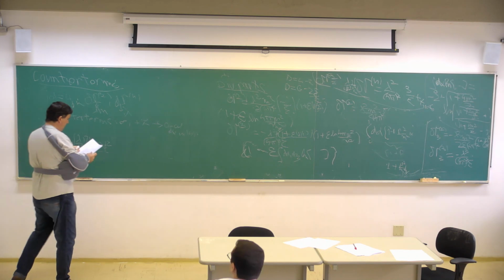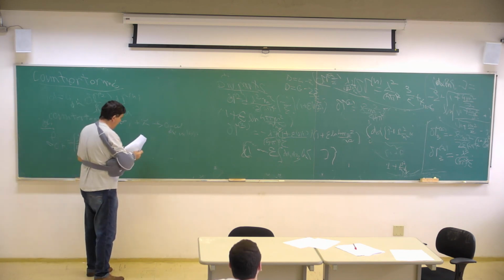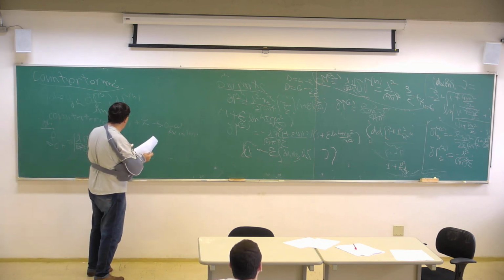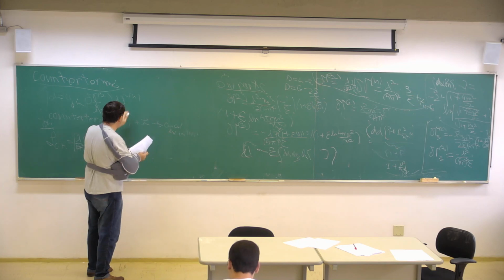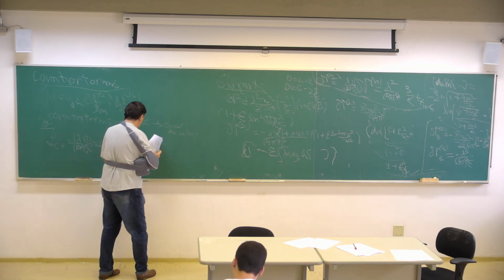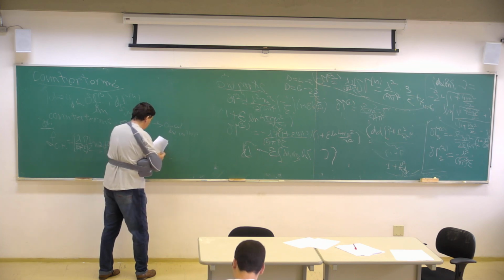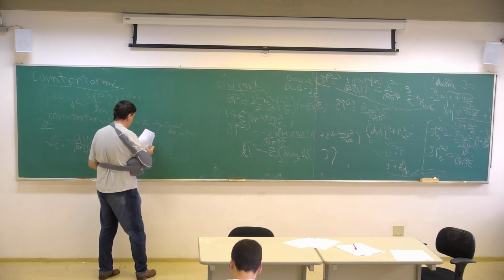Okay, and then the next term I will have to add is a phi-4 term, which was mu to the epsilon phi-4 over 4 factorial.